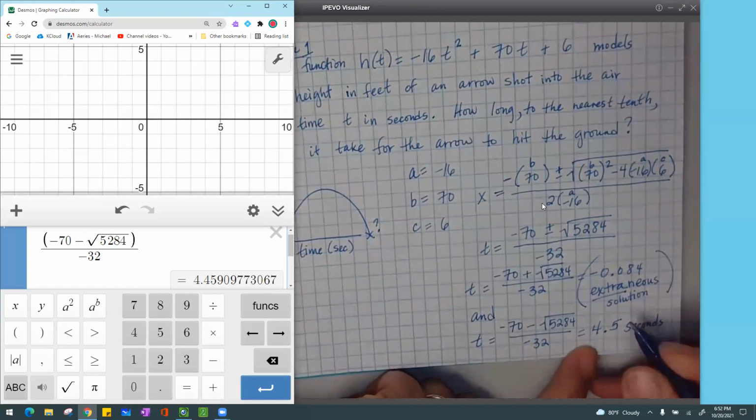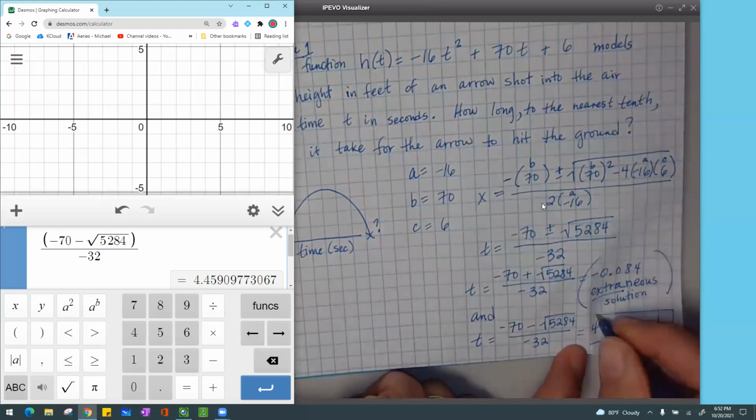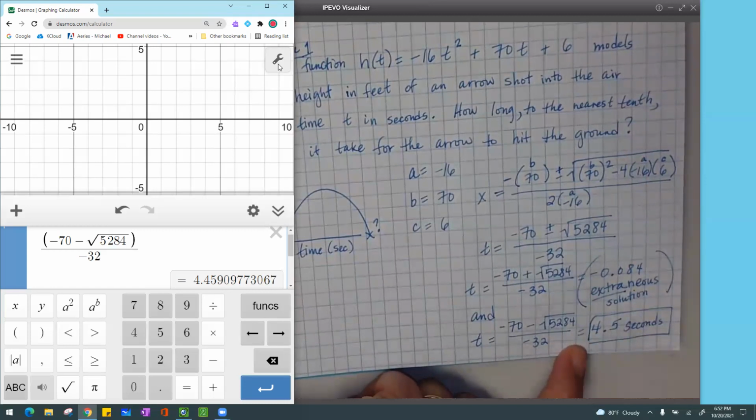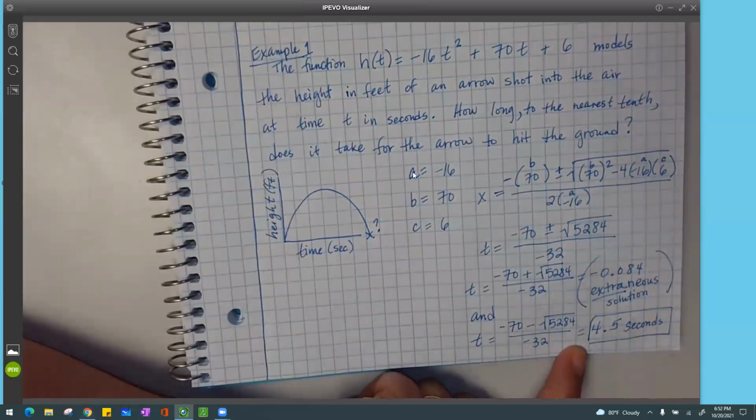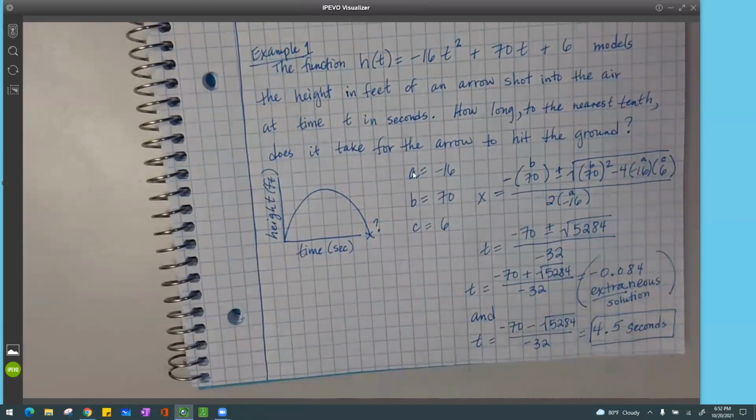When you have word problems, you should have units with your answers. And this is how you can use the quadratic equation to solve a problem. With many of the problems that I gave you with your practice, there are follow-up problems.